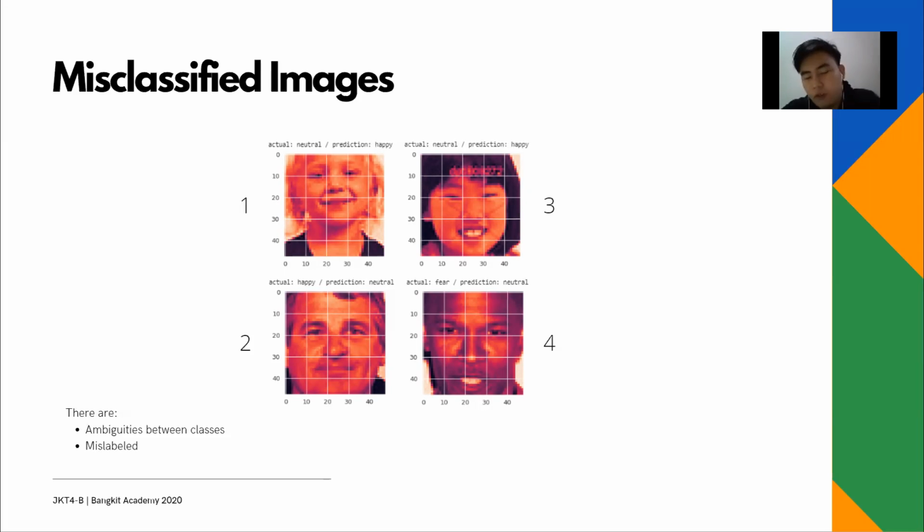From these 4 examples, we can see that there are similarities between classes, so there might be ambiguities between classes, and also there might be mislabeled images in the dataset.